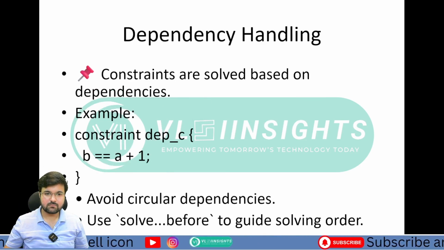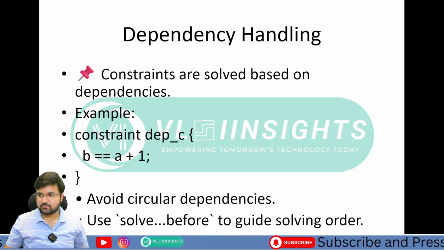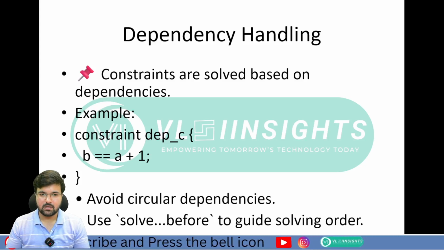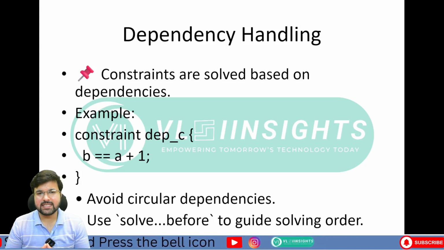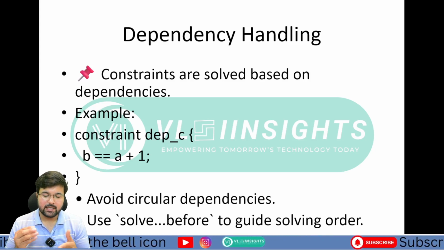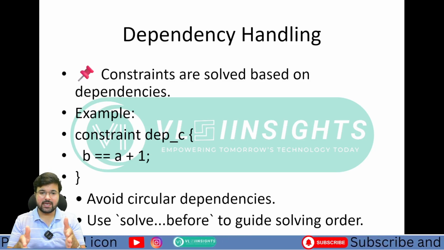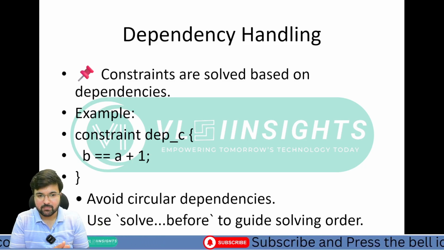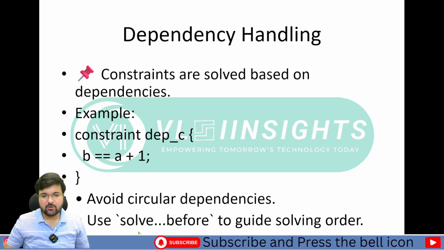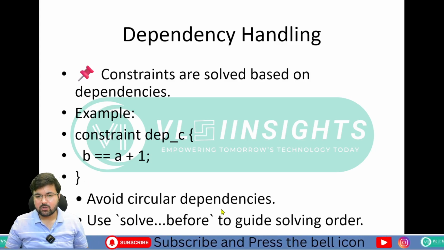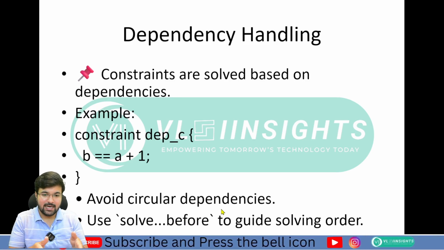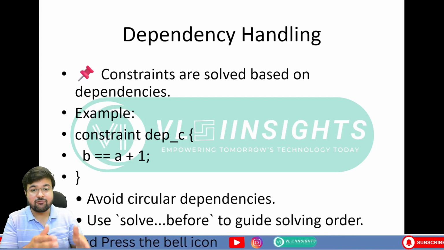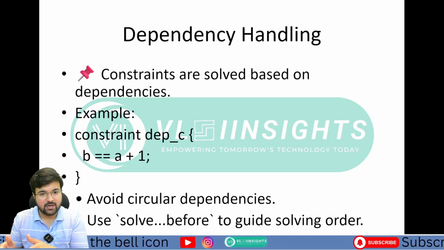Okay, now let us understand dependency handling. What is dependency handling? Basically, in this part, we ensure that a specific value is solved before the constraints are set up. For example, we use solve and before, to guide our constraint that this particular value has to be solved on priority, and after that you solve some different condition.